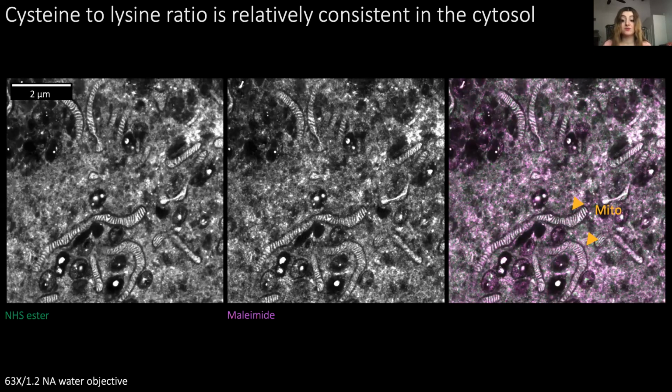And again, as for other cellular structures in the cytosol, such as mitochondria, the ratio of cysteines to lysines seems more or less consistent. In the cytosol here, however, you can see patches of lower cysteine to lysine labeling ratios, such as there in green, but we cannot tell if these proteins are compartmentalized or if there's any organization to this differential pan staining.